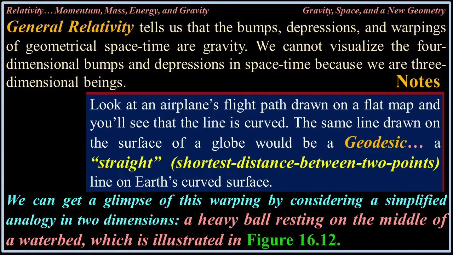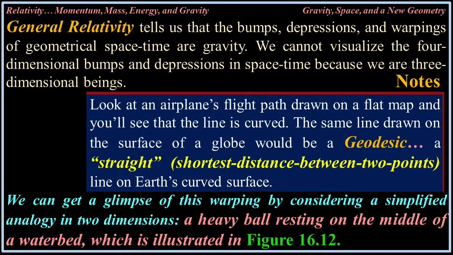The same line drawn on the surface of a globe would be a geodesic, a straight, shortest possible distance line between two points on Earth's curved surface. We can get a glimpse of this warping by considering a simplified analogy in two dimensions.